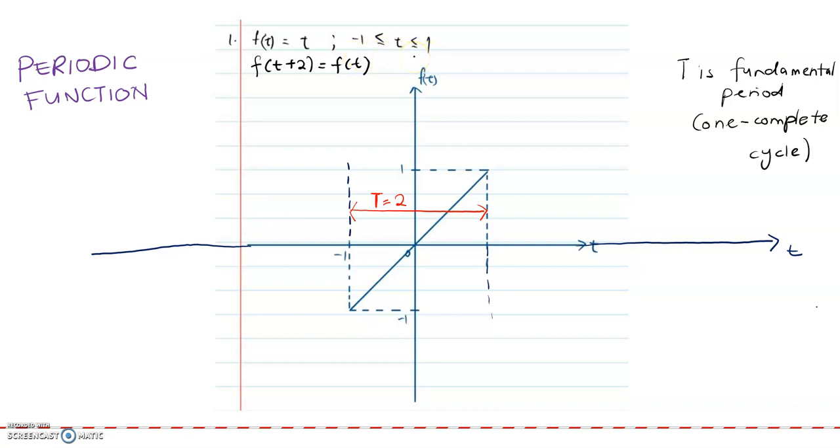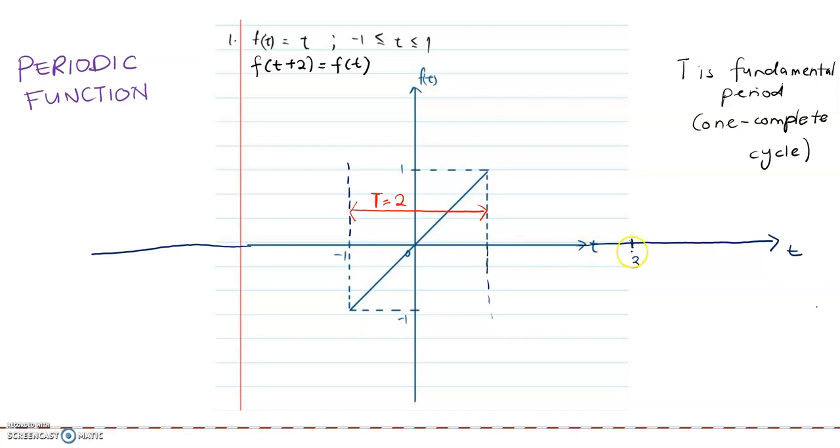Now the function becomes a periodic function. So we have to expand the sketching. Initially the function is from -1 to 1. So we have to expand it until 3, because over the interval T equals 2, it's going to repeat itself.